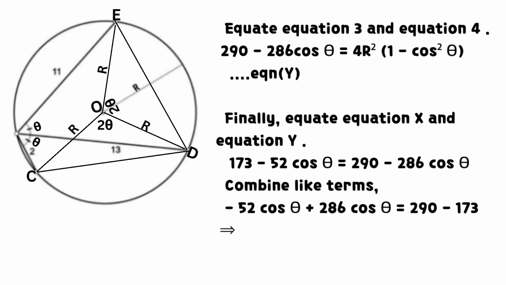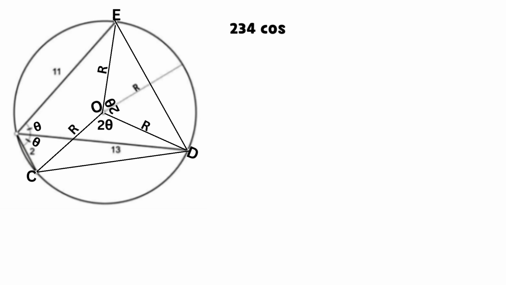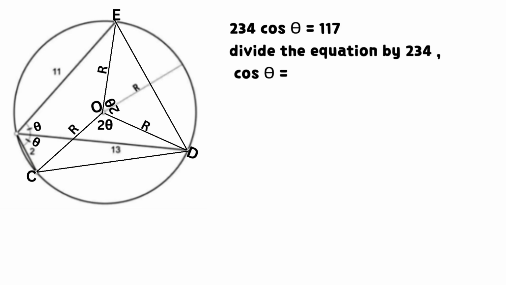Finally, equate equation X and equation Y as shown and combine like terms. We have that negative 52 times cosine θ plus 286 times cosine θ equals 290 minus 173. 234 times cosine θ equals 117.